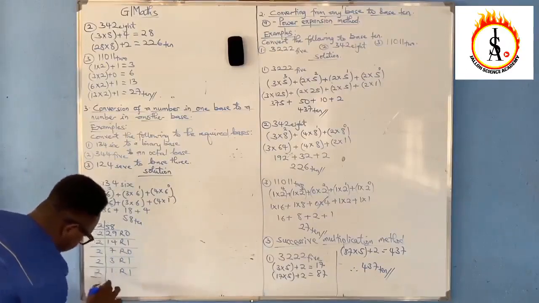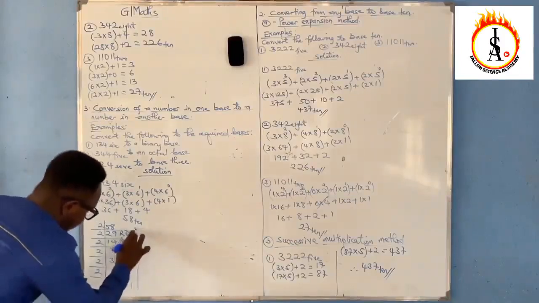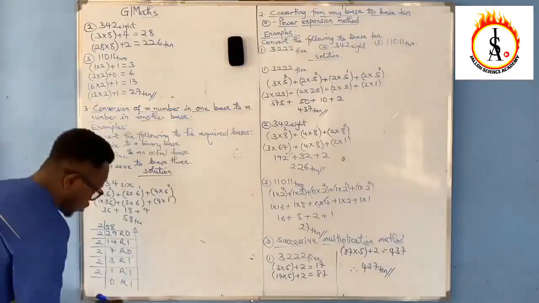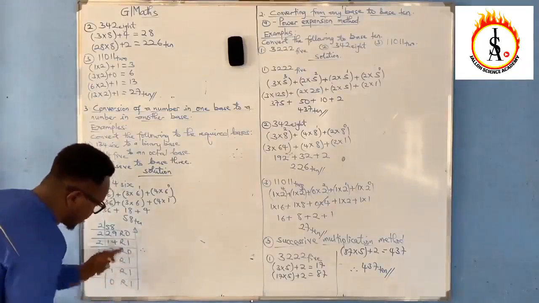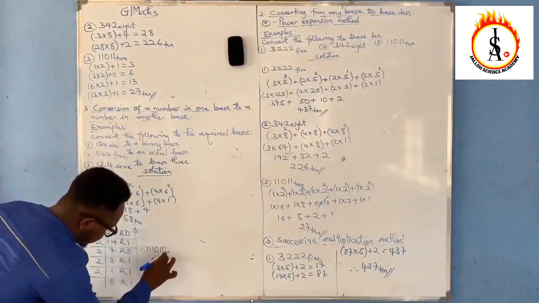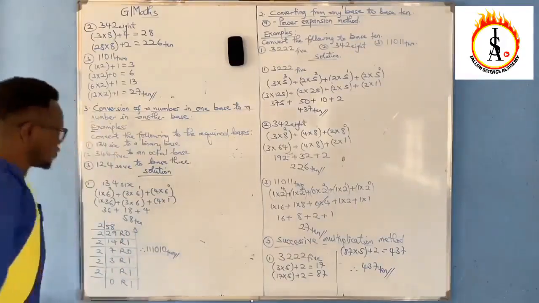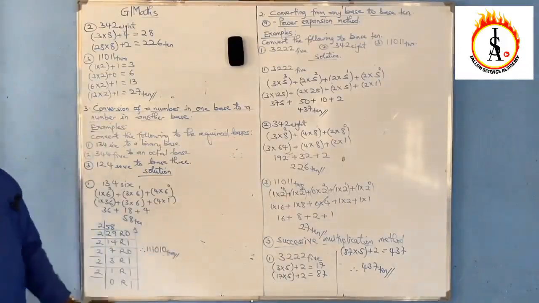And then we use 2. 2 into 1 is 0 with a remainder of 1. Arrow pointing from bottom to top. So our answer, therefore, is 111010 in base 2.